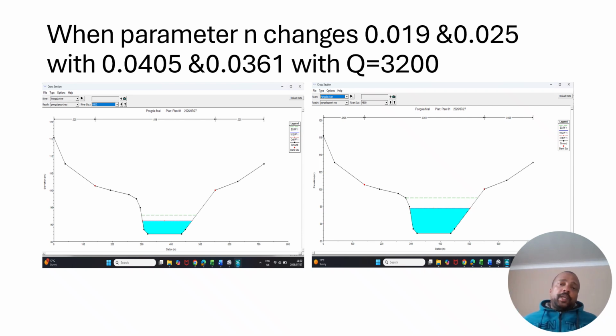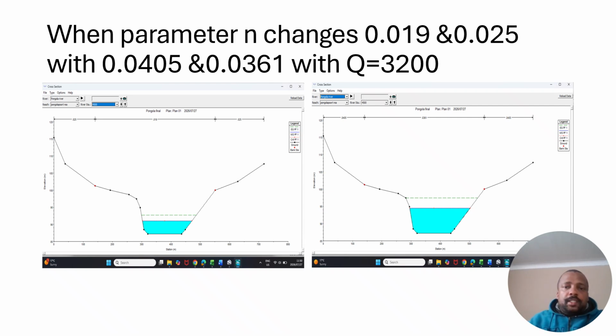So it means when you increase the surface roughness, which is the parameter n, it increases the elevation. The elevation is the flow level. So now we see here that the flow level has increased.